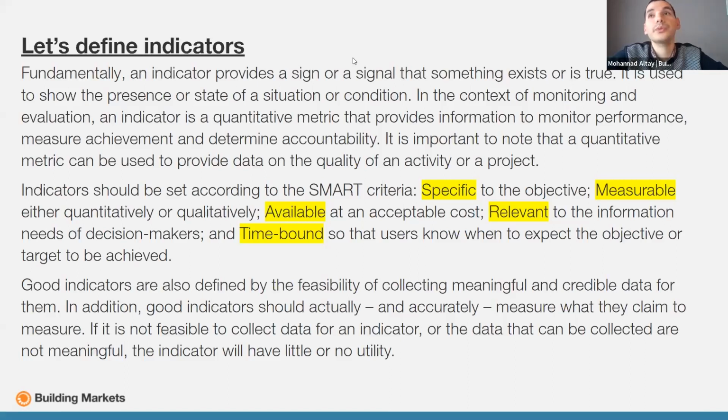Let's say we have a very interesting indicator, but collecting the data or tracking the impact related to this indicator might not be feasible, either because of the time or the cost, or because we don't have the resources we need to measure and track an interesting indicator like this.